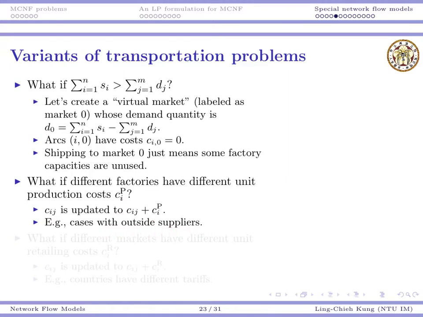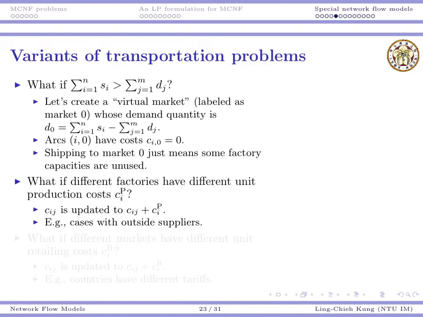For example, total supply or total capacity may be smaller than the total demand, but we have some outside suppliers that sell products to us at a more expensive price. Because our capacity is not enough for fulfilling all the demands, we may buy something from outside suppliers, and they may be added into our factories.